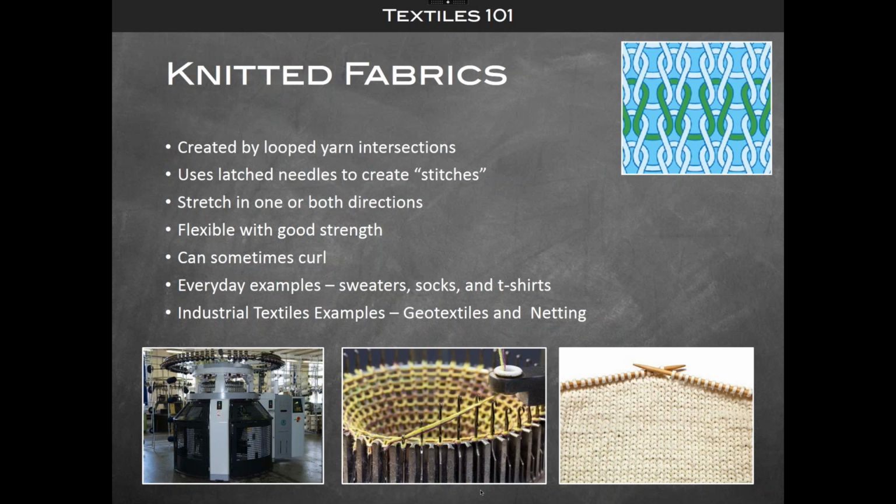Knitted fabrics can sometimes curl if they're unbalanced. Everyday examples would be sweaters, socks, and t-shirts. Those are all examples of knitted fabrics that we use every day. Industrial textile examples would be maybe geotextiles or netting.